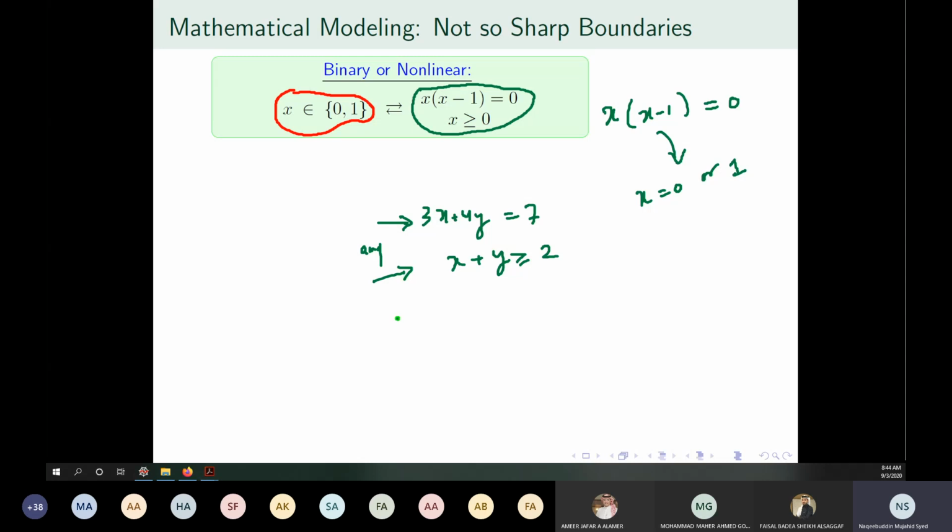So when you write so many constraints, it means and. So the first constraint says x equals 0 or 1. The second constraint says x greater than or equal to 0. When you combine these two, what will you get? So x is 0 or 1 and x is greater than or equal to 0. If you combine these two, the result will be x equals 0 or 1. It is intersection. Whenever you have many constraints in a formulation, it means it's an intersection of all of these.